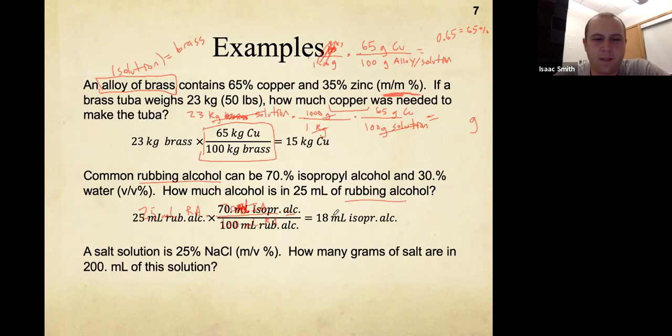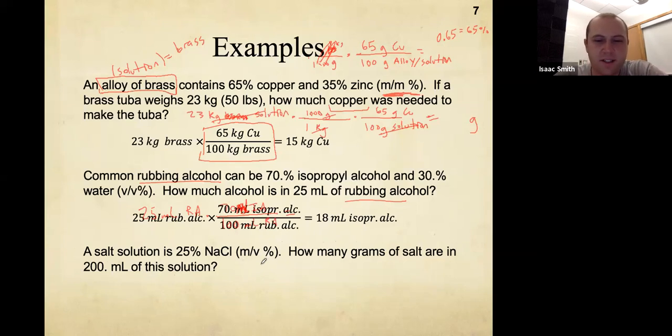Okay. This last one shows a mass over volume percent. So in this case, it says the salt solution is 25% sodium chloride mass over volume percent. How many grams of salt are in 200 milliliters of this solution?